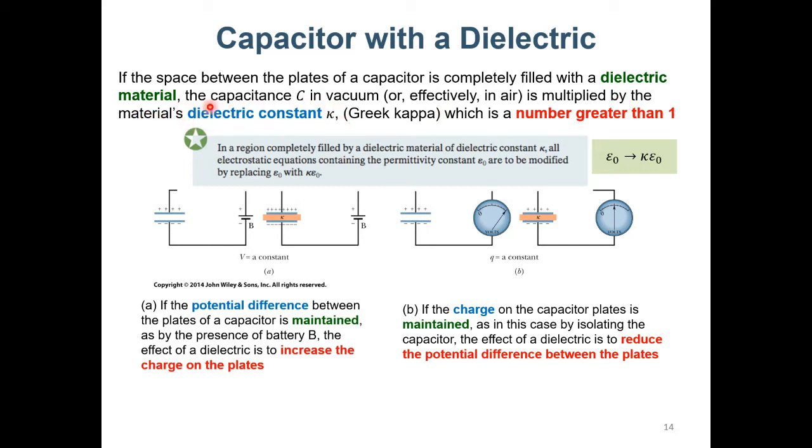So we define another physical variable called the dielectric constant, which is a Greek letter called kappa. It's not K, it's kappa. It is a number greater than 1, as I already showed.